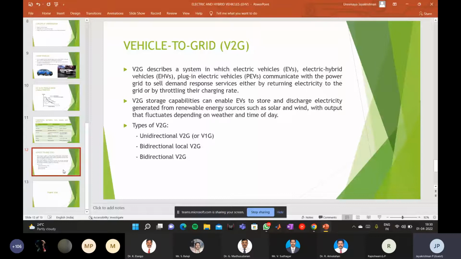Then next is the spurious hike in petroleum product rates, which I already explained, it has skyrocketed almost 200 times during the last 40 years. Then next is safety. I preferred this Tata Nexon because in India it is almost first in safety among medium range cars.